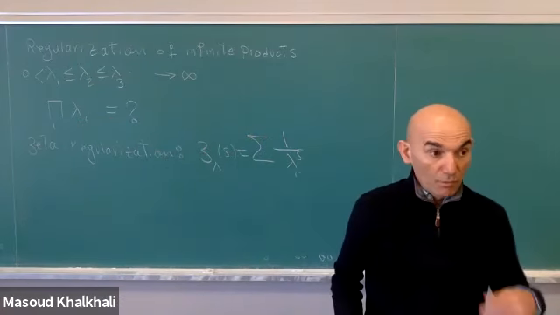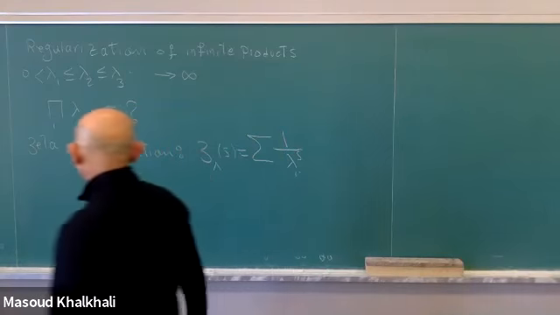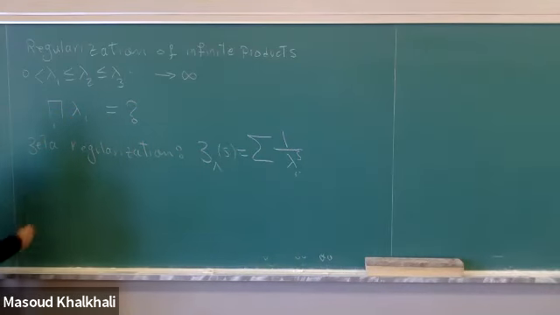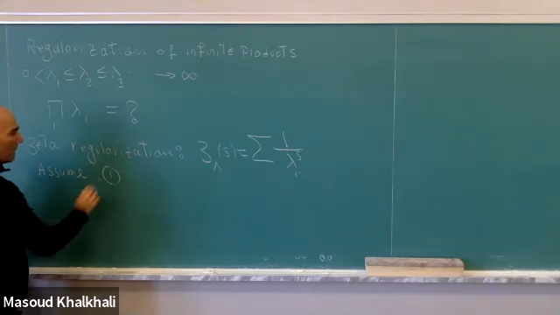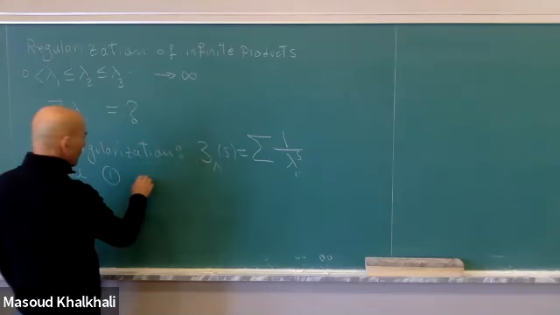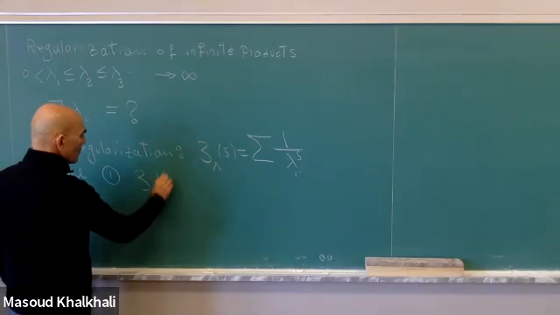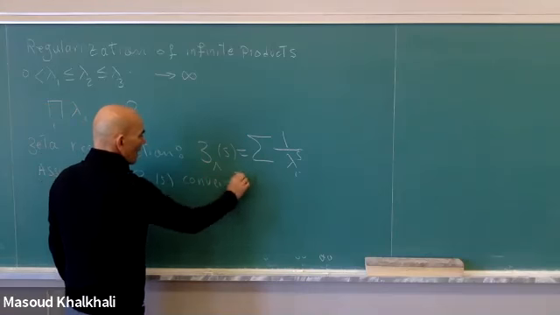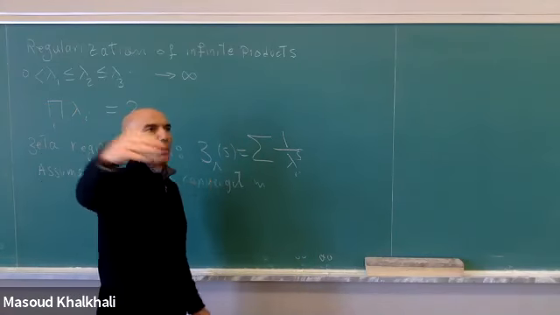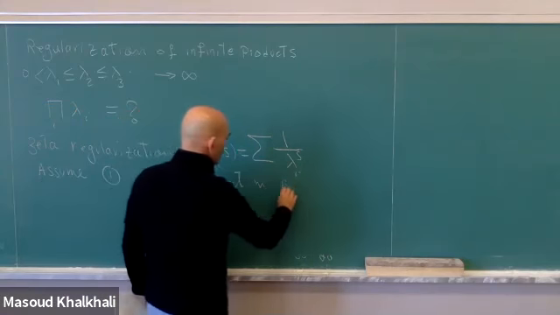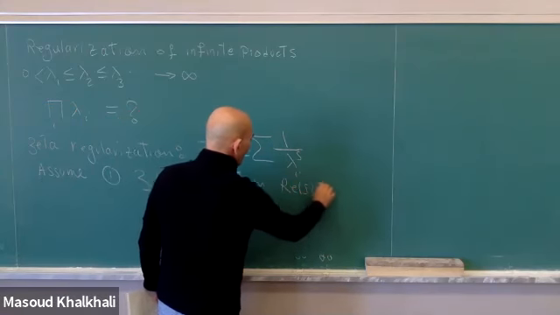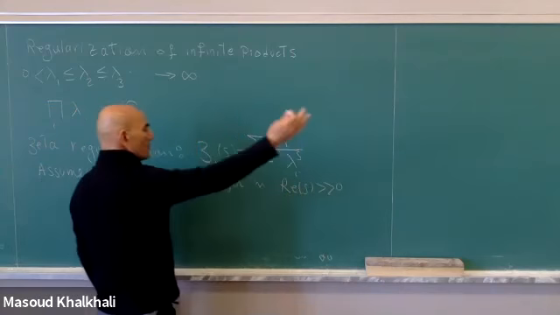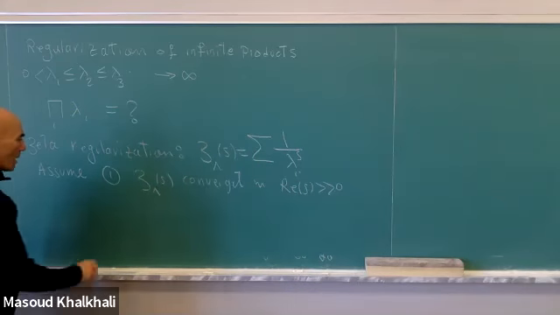Then what we want is that some conditions should be satisfied. These are some extra assumptions we have to make. First of all, that this is convergent in some right half plane, for real part of s large.